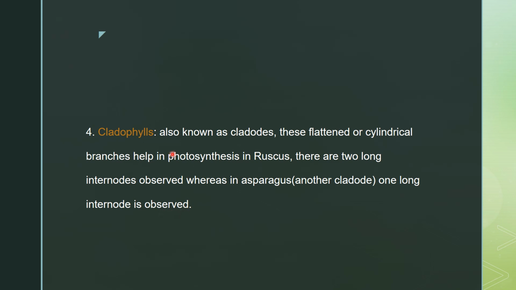So the cladophylls or the cladodes have 1 to 2 internodes, but in the phylloclade stem there are many nodes and internodes. It can be flattened or cylindrical branches.